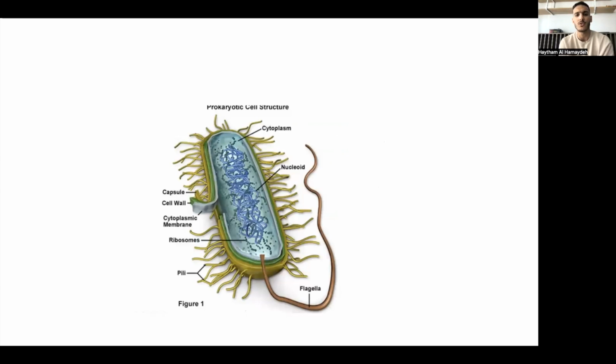You see that the nucleoid exists inside of this bacterium, here in blue, and all of the dark dots that you see are the ribosomes used to produce the proteins. The first thing we face outside the cytoplasm is the cytoplasmic membrane that we talked about. After that comes a layer of the cell wall.